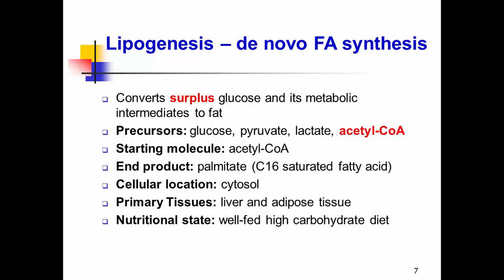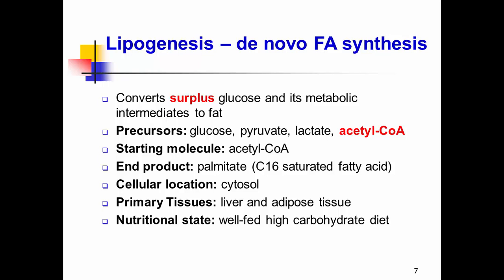The starting molecule is acetyl-CoA, and the end product, if we're talking about the synthesis of saturated fatty acids, is palmitate. It can also be other fatty acids like monounsaturated fatty acids.